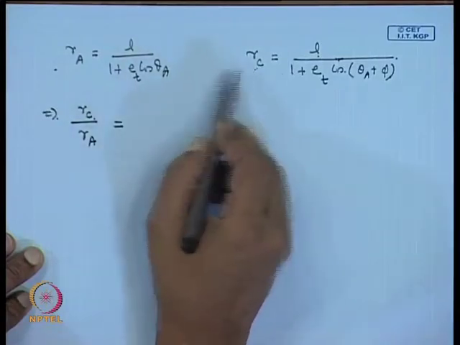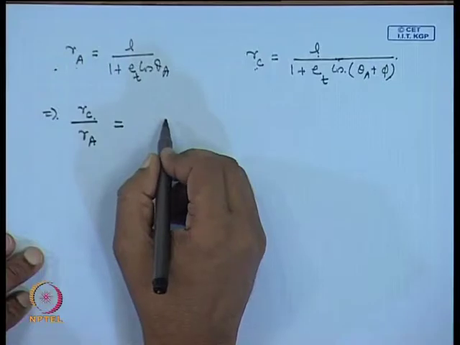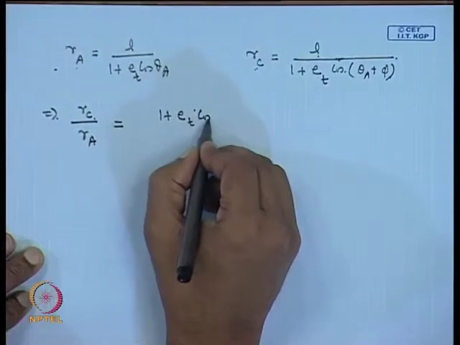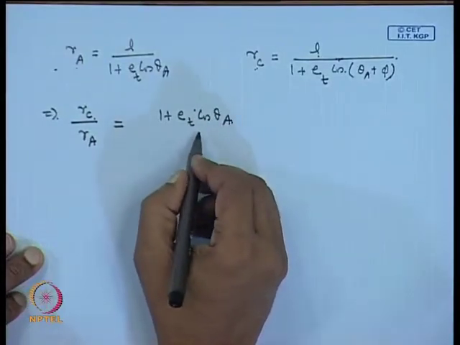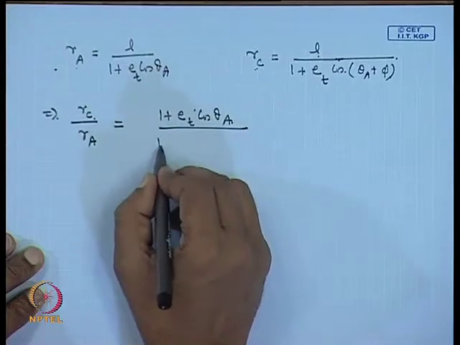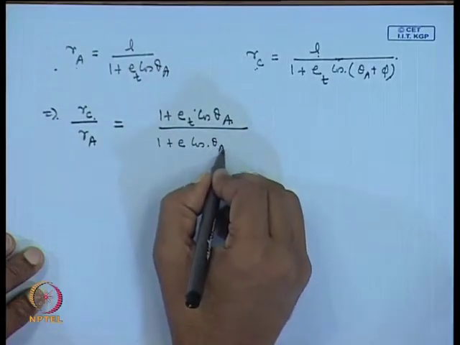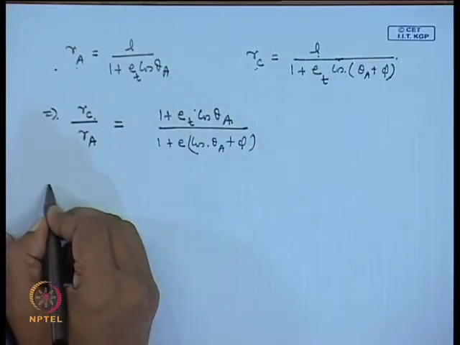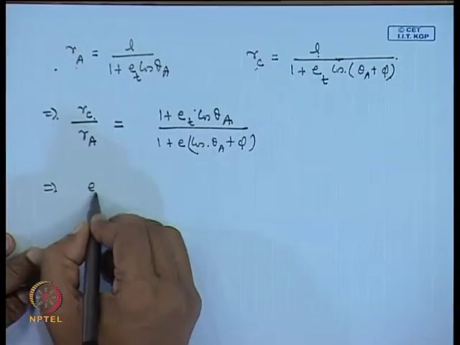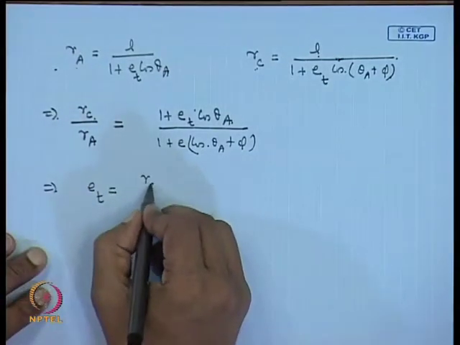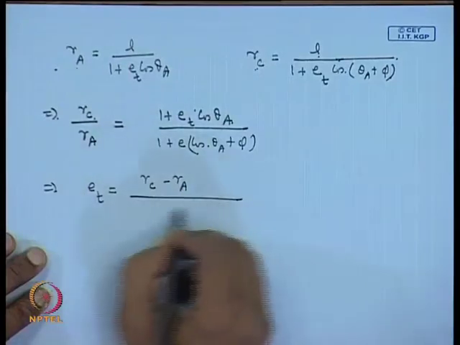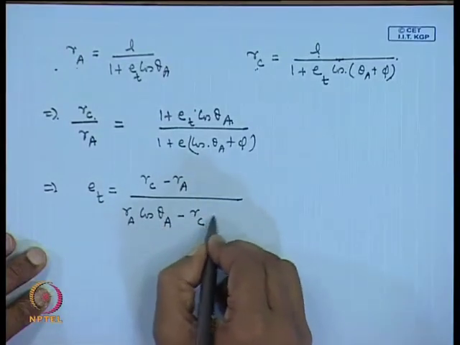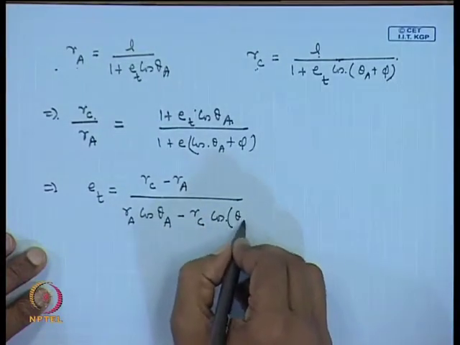So, we divide R c by R a here, and as usual we have done. So, this will get reduced to E t equal to R c minus R a divided by R a cos theta a minus R c cos theta a plus phi.